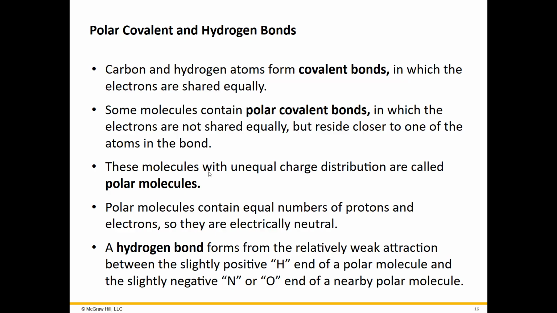These molecules create an unequal charge distribution. So think of them similar to ions. They have a more positive side, because that's where the electrons spend less time, and they have a more negative side because that's where the electrons spend more time, okay?